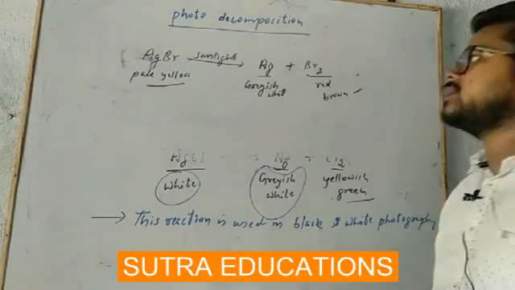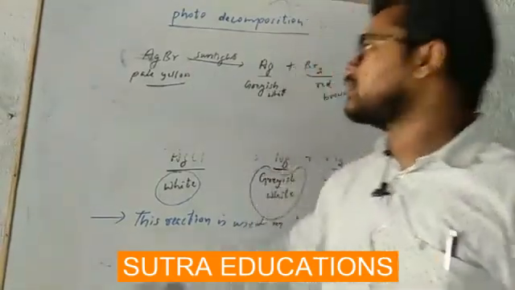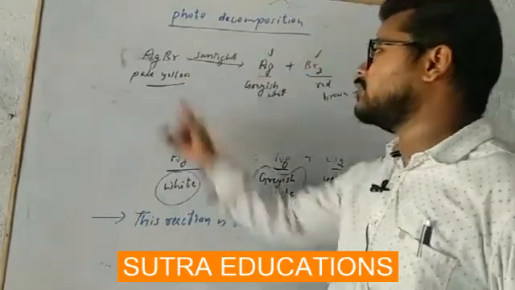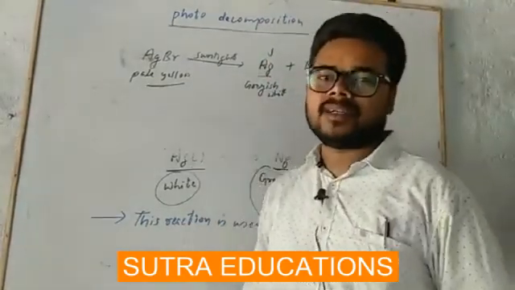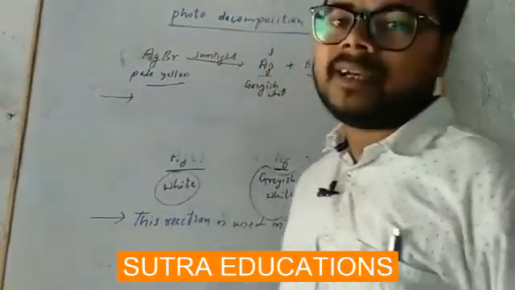Got it? So AgBr also shows photo decomposition, meaning it also gets decomposed in presence of sunlight into Ag and Br2, and you have to remember the colors for these two reactions. And also this reaction is used in black and white photography.